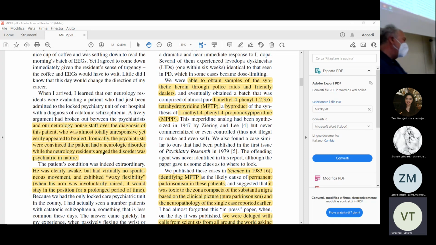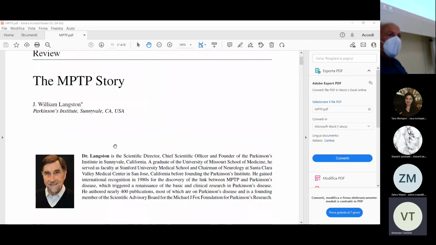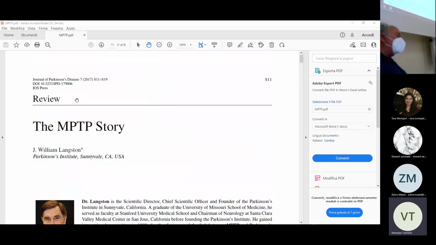It's not an experimental article, it's called a review. A review is a collecting article in which a scientist describes all his experience and puts together all data. It's like a wide description of the whole story related to MPTP.